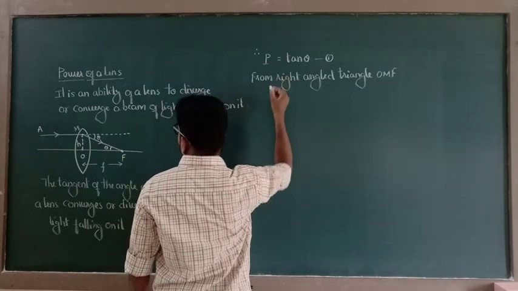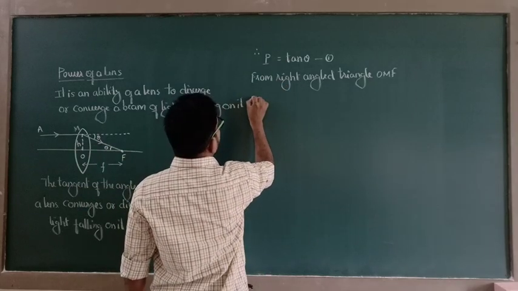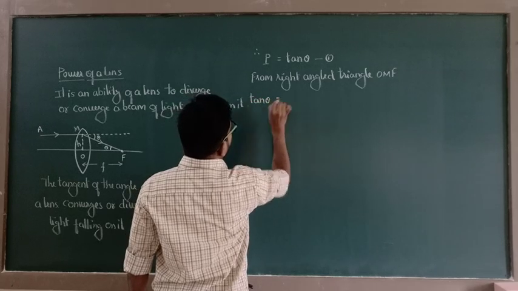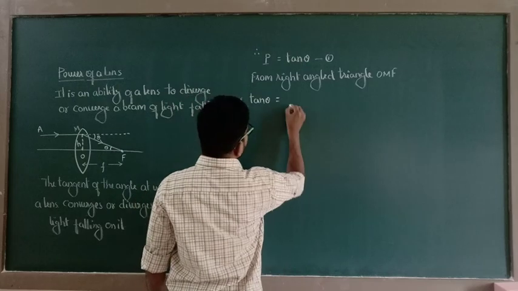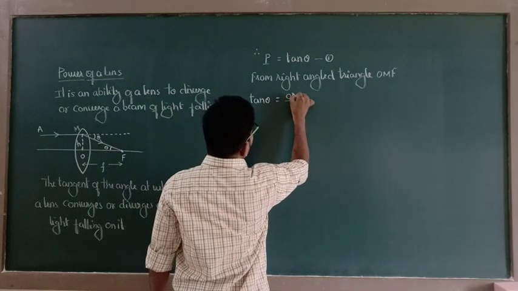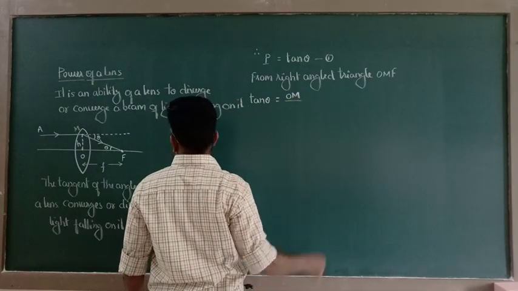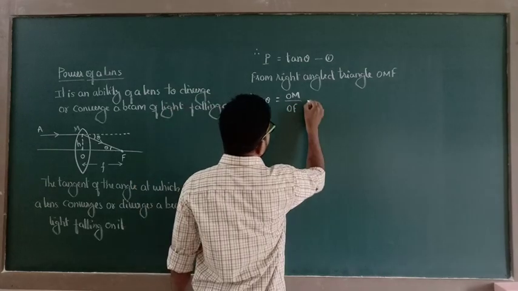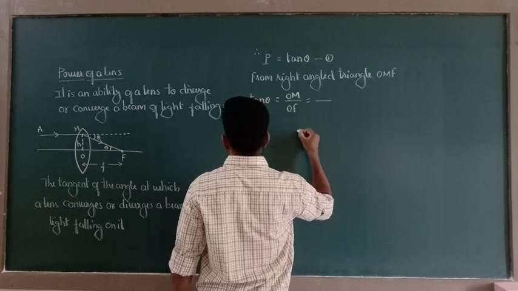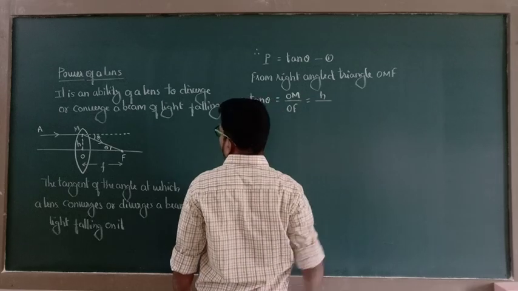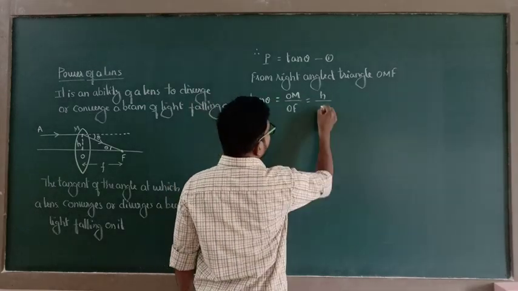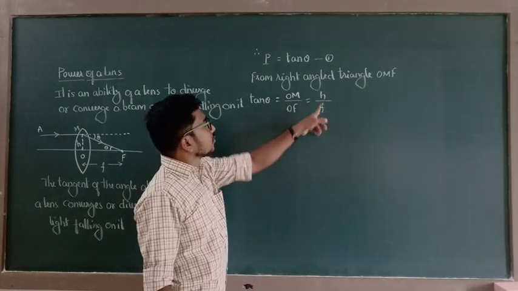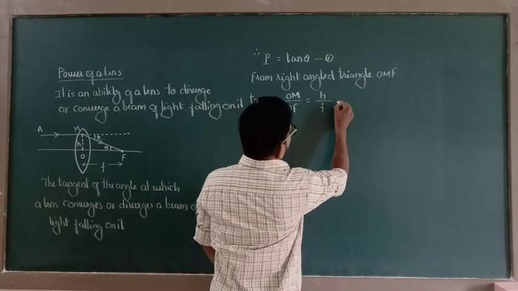That is, tan theta is equal to opposite side OM divided by adjacent side or base OF, which is equal to OM is h, OF is the focal length. Therefore, tan theta is equal to h by f. Equation number 2.